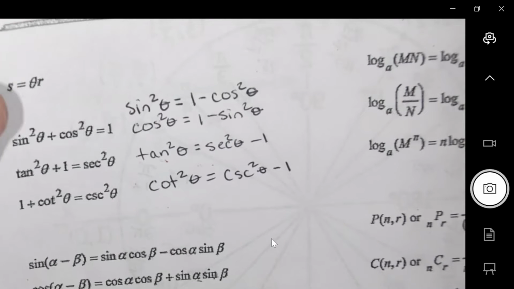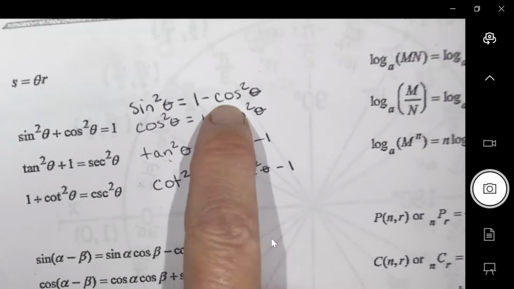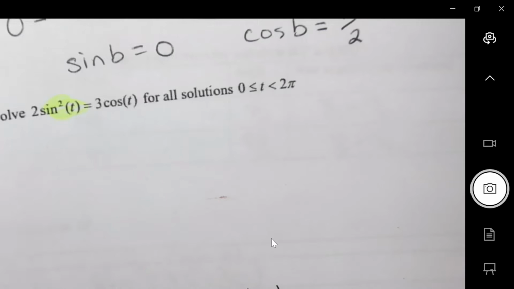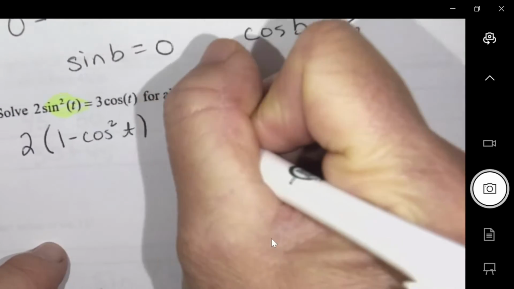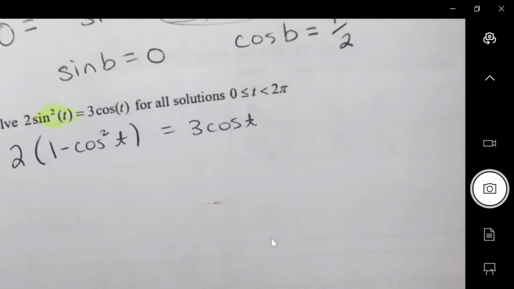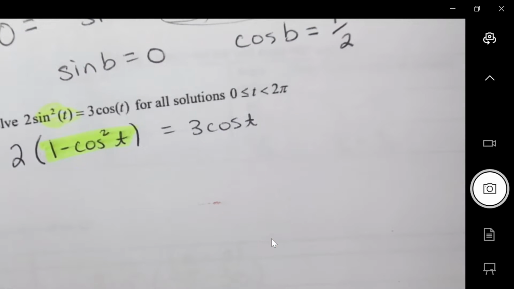Okay, so we're replacing sine squared. So I'm going to replace it with this, 1 minus cos squared. That's the only thing new that I'm teaching you, just the formula replacement. All the rest is algebra and trig stuff.